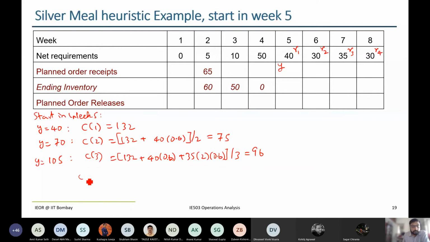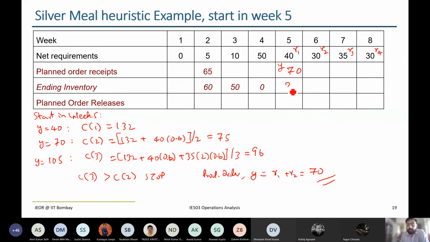Here you can see that C3 is greater than your C2, so we stop. So my production order, that is Y in this step, is nothing but sum of R1 plus R2, which is 40 plus 30, which is 70 units. So let me go ahead and write that 70 units right here.